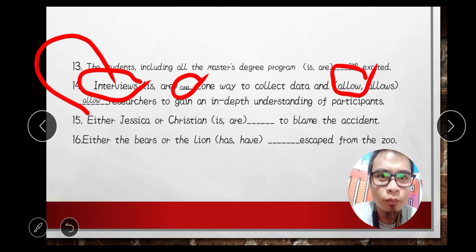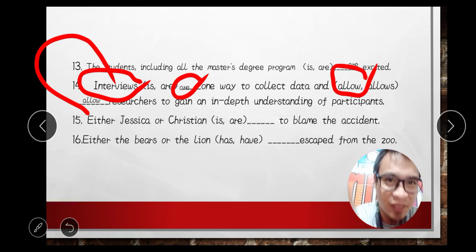Number 15. Either Jessica or Christian. Okay? Either or, neither nor. The rule says that whenever we use this correlative conjunction, the verb agrees to the nearest subject of the sentence.